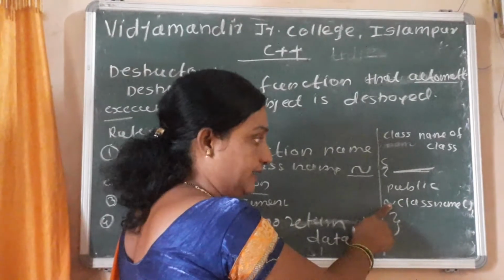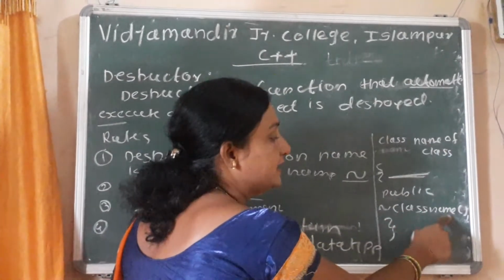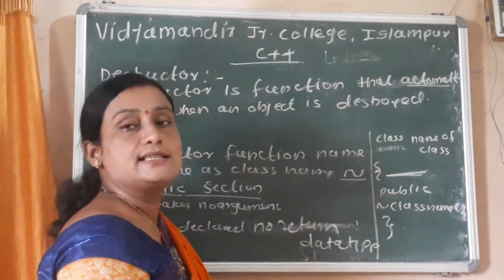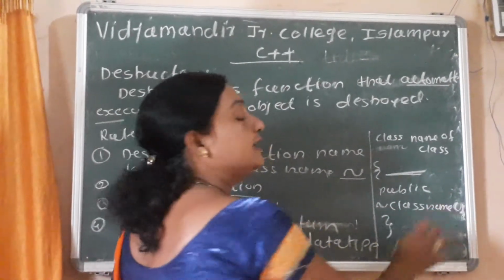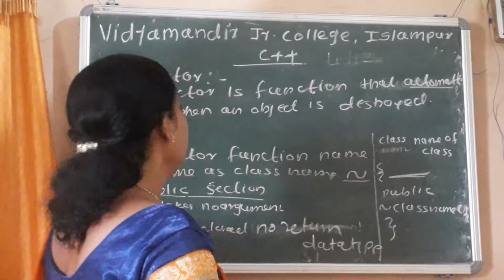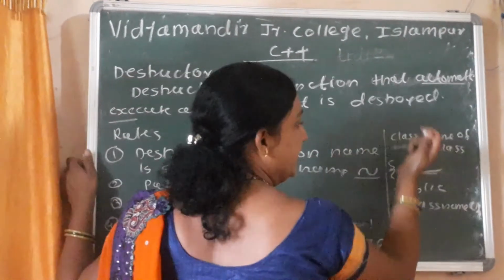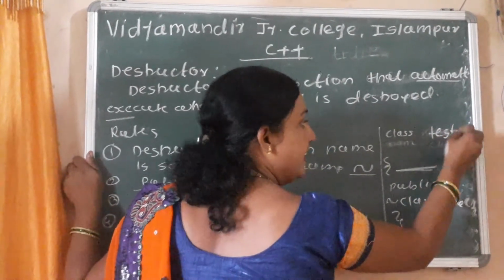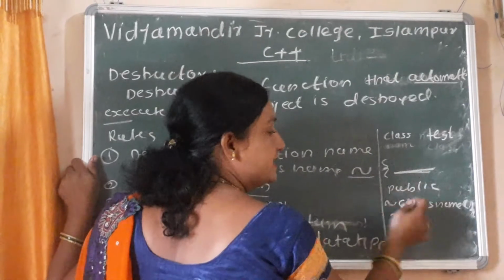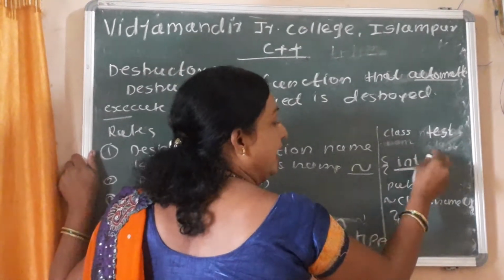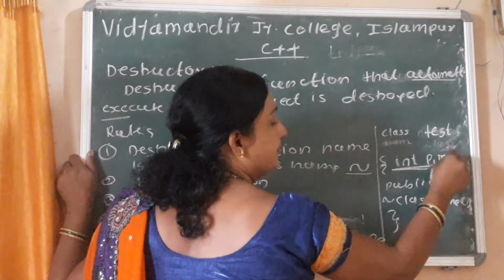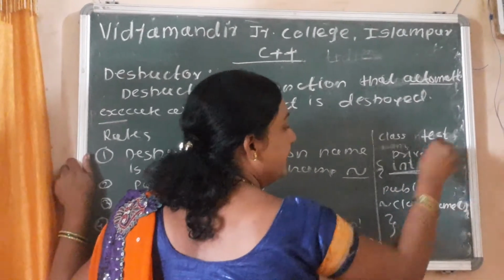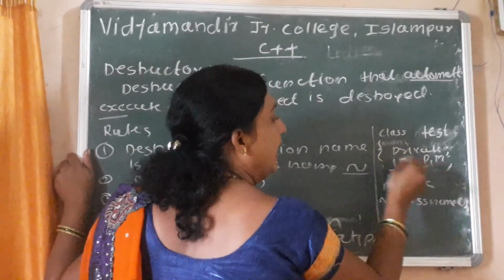That first is a tilde symbol. Again we write the name of the class and opening and closing brackets. It tells that here is a destructor function declaration. For example, class, if I use the class name Test, in a private section there are data members int p, int m.